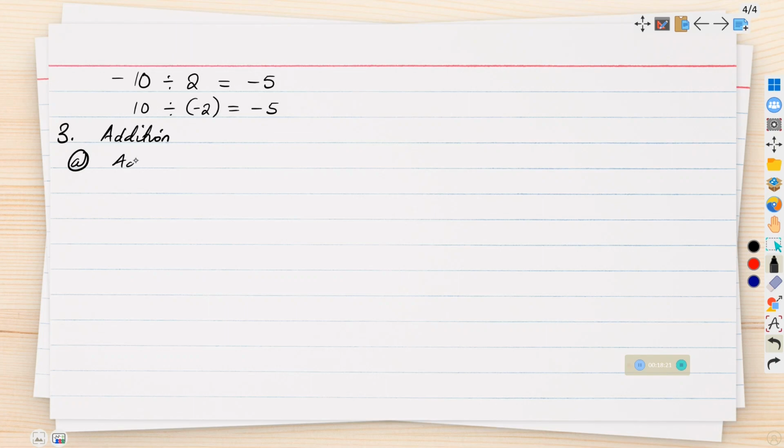addition of two numbers of the same sign.